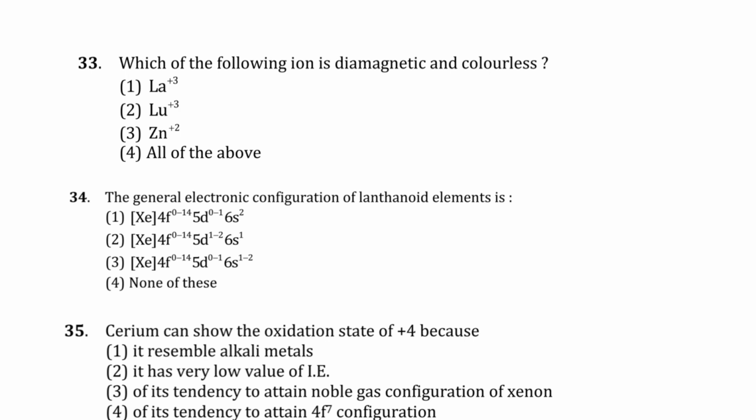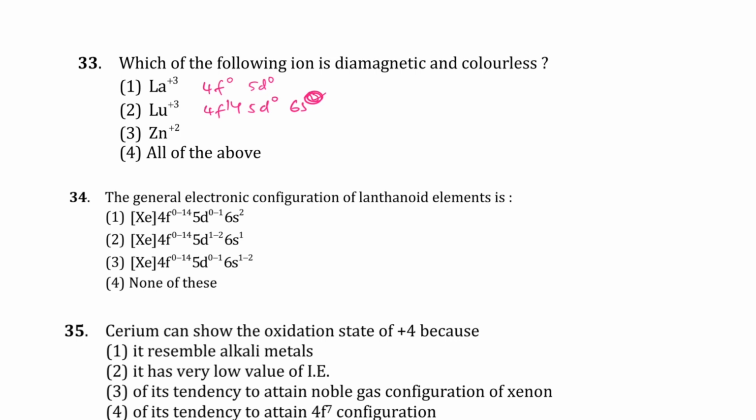Which of the following ions is diamagnetic and colorless? Diamagnetic and colorless means all these have 4f0 configuration, 5d0. This lutetium is 4f14, 5d0, and the 6s2 is lost, so that is converted to 0.